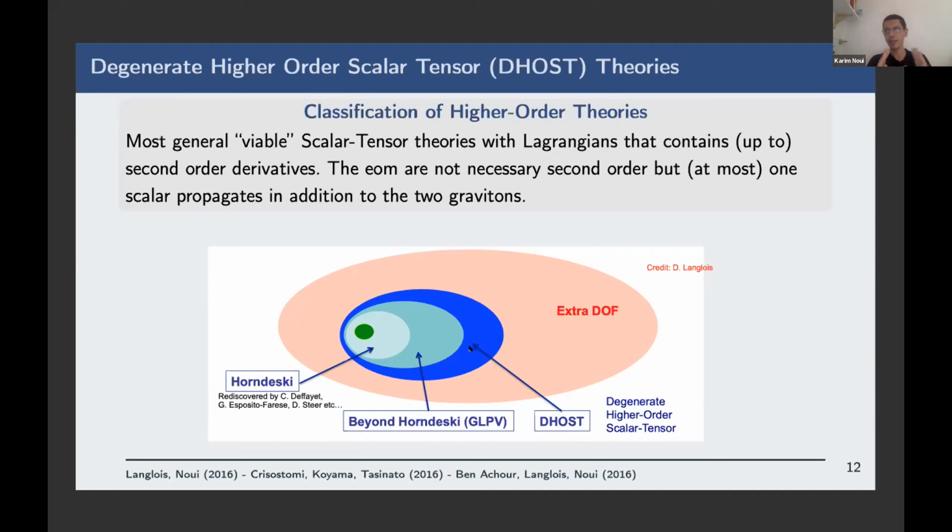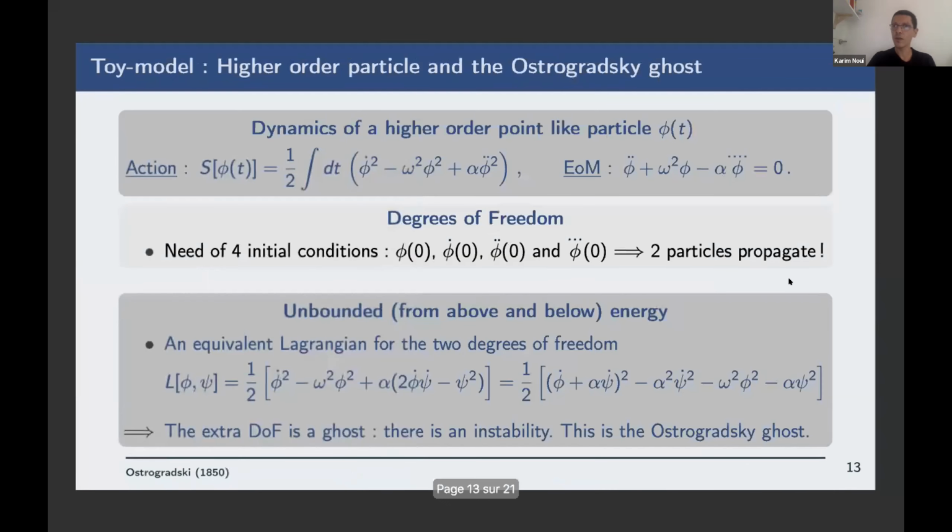But you can show that there are some DHOST theories which have other instabilities. By other, I mean instabilities which are not Ostrogradsky-like instabilities. Okay.